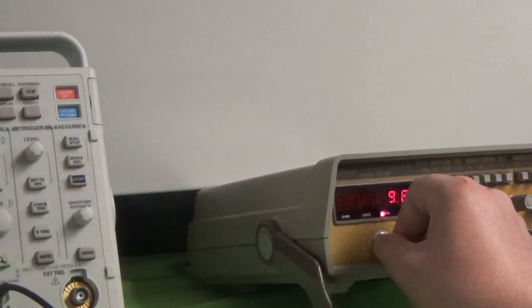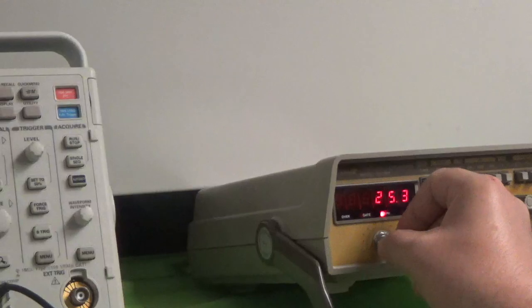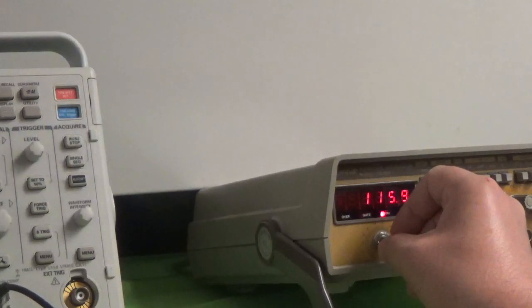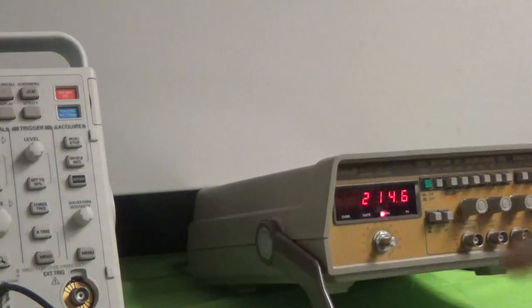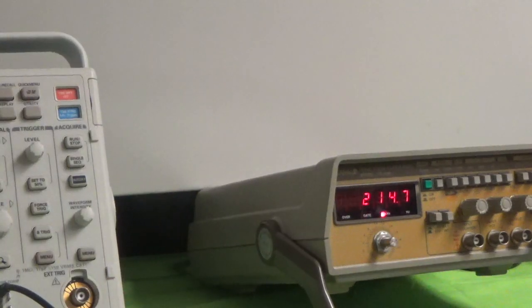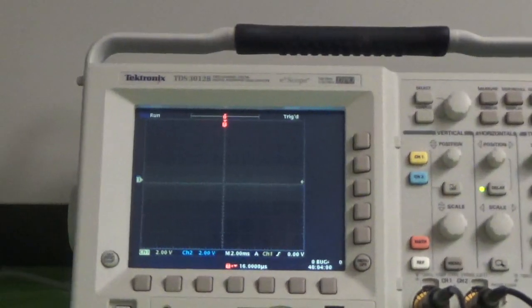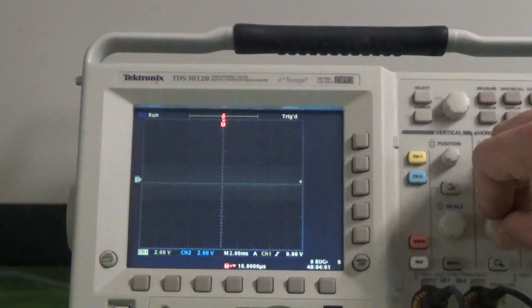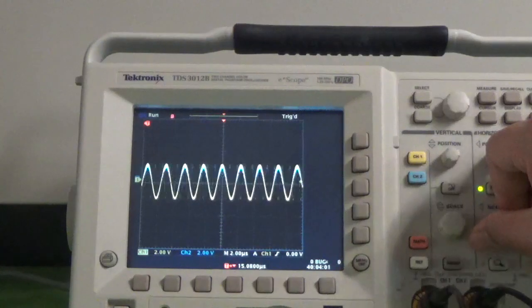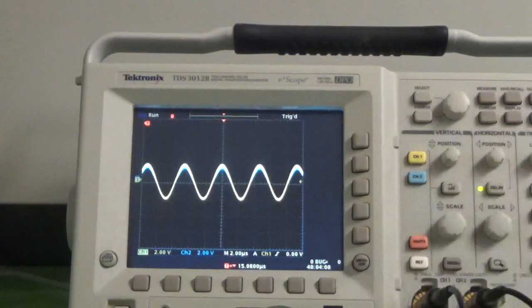We mentioned that we tested 214, so I will adjust it to 214. Now I will go back to the oscilloscope and try to adjust this. Yeah, so we have 2.2, that's great.